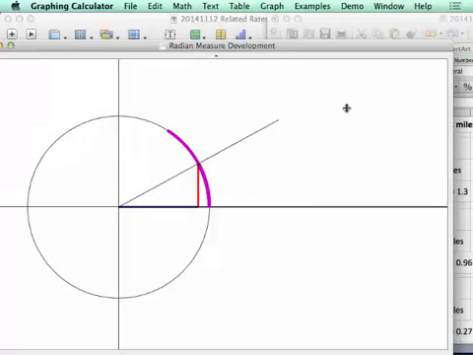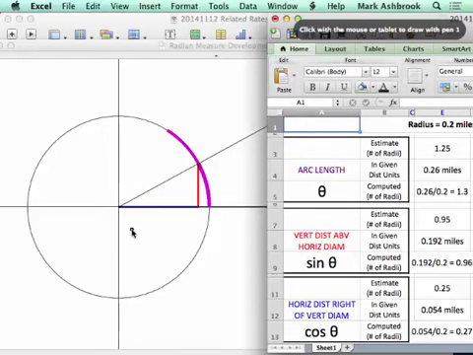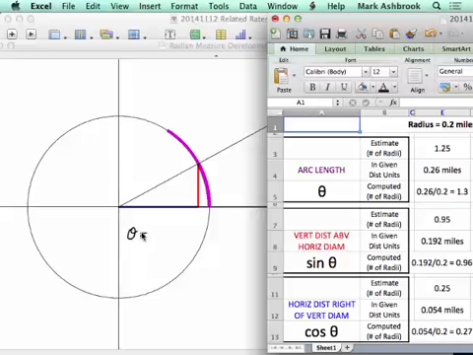Okay, so now I want you to estimate theta, sine theta, and cosine theta for this point.